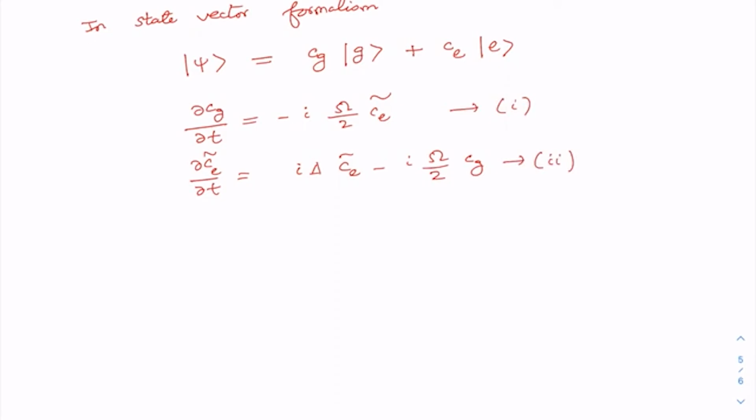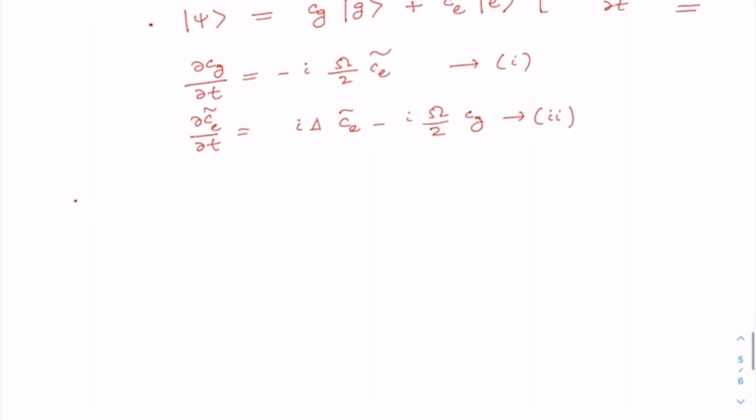So in the state vector formalism, the wave function or the state vector as well as the Schrodinger equation is sufficient to describe the two-level system. And generally we can always know the state vector of a quantum system if the quantum system is pure.